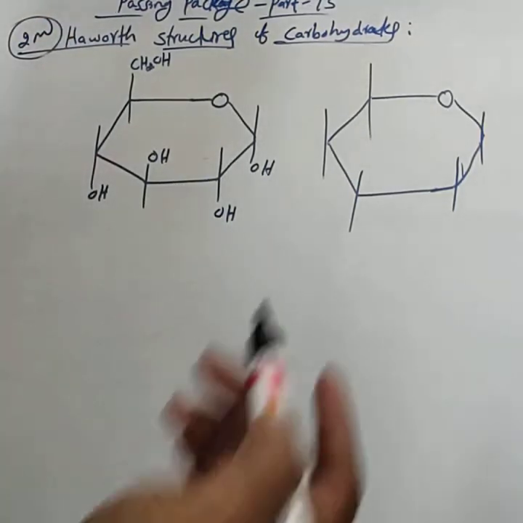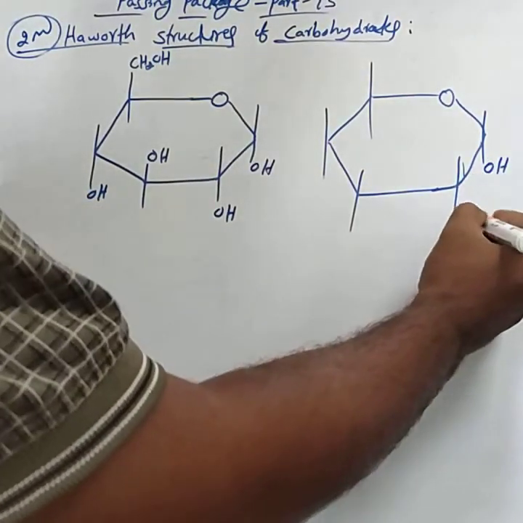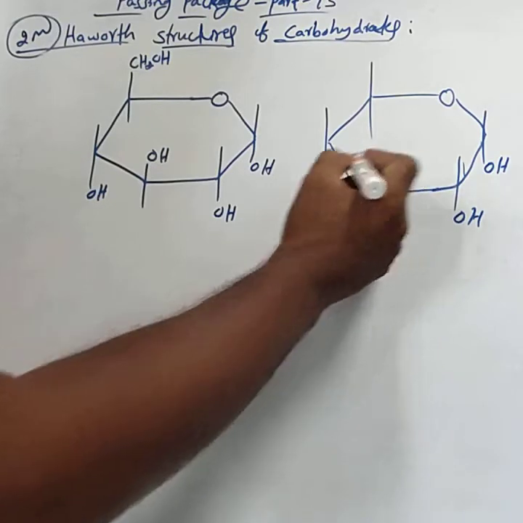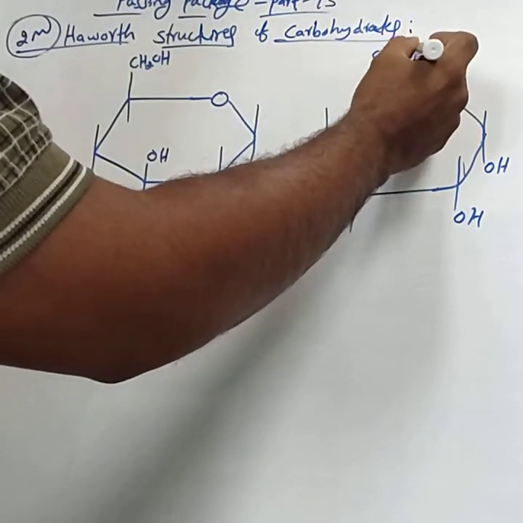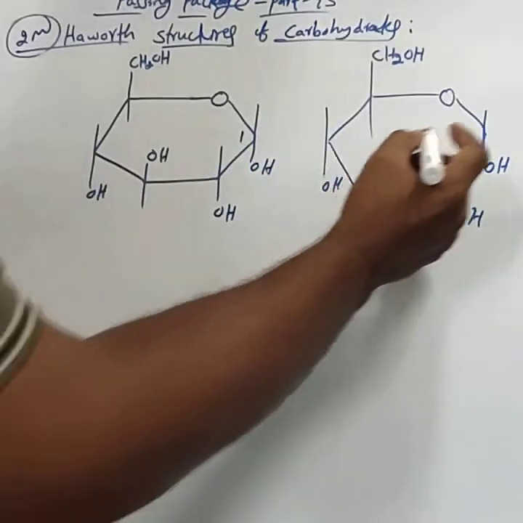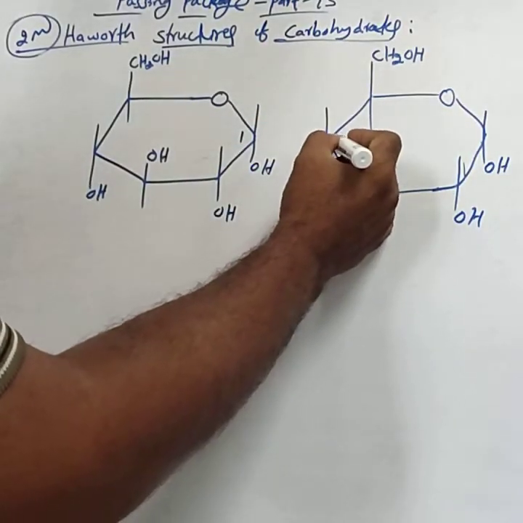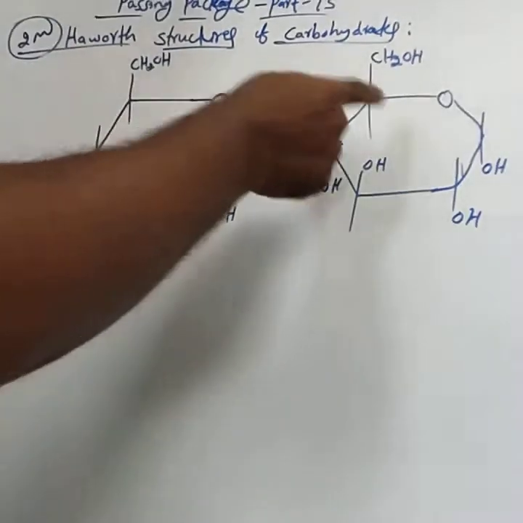To write another glucose, use the KKMK code: OH above, below OH, above CH2OH. This is the other glucose molecule. This is the first corner, and this is the fourth carbon atom. Then the 1,4 glycosidic linkage forms between the first corner of one glucose and the fourth corner of the second glucose.